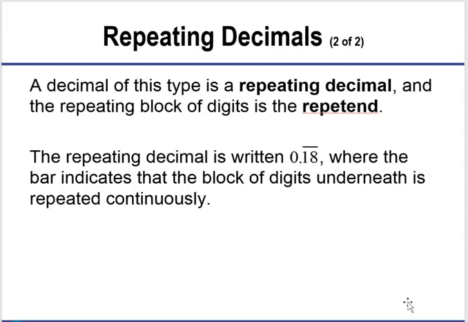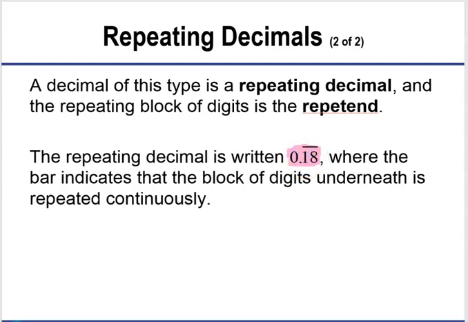So a decimal, for instance, again on the previous page, 0.18181818 goes on forever. That pattern continues. And the repeating block of digits is called the repetend. That's a cool word, right? Repetend. The repeating decimal is written as 0.18 with a bar over it. You notice the bar that's over the 0.18, okay?